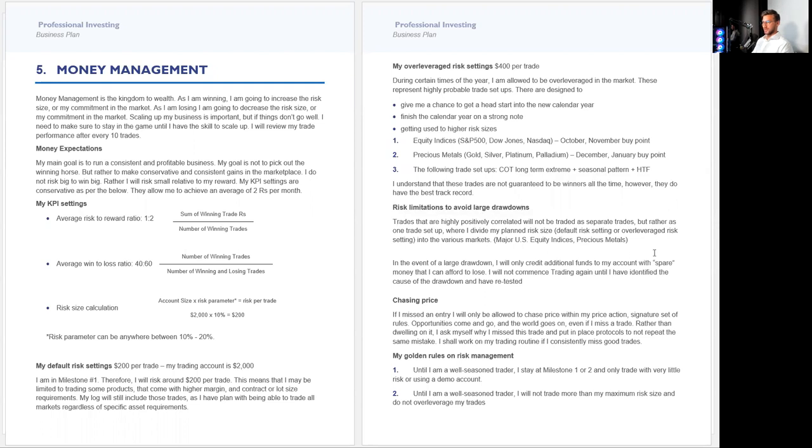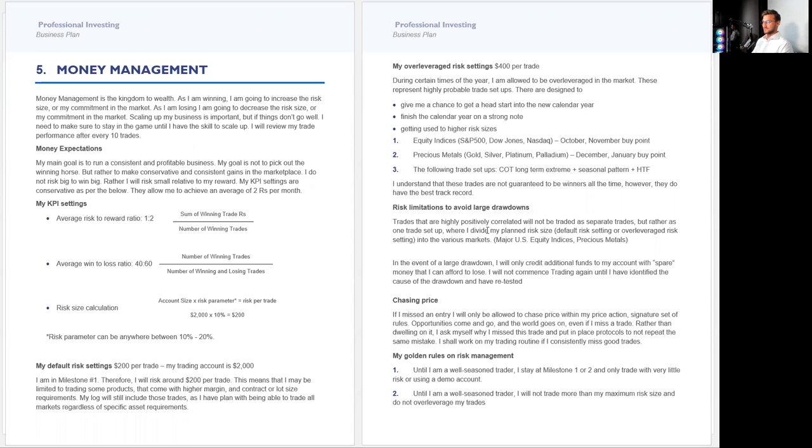For example, when we see equity indices setting up and we don't have the fundamentals aligned with that, or if we see precious metals setting up and we don't have the fundamentals aligned with that, we may have some alignment, but not the perfect all stars aligned picture, which is also maybe sounding vague to you. We'll cover that once we go into my trading rules topics.